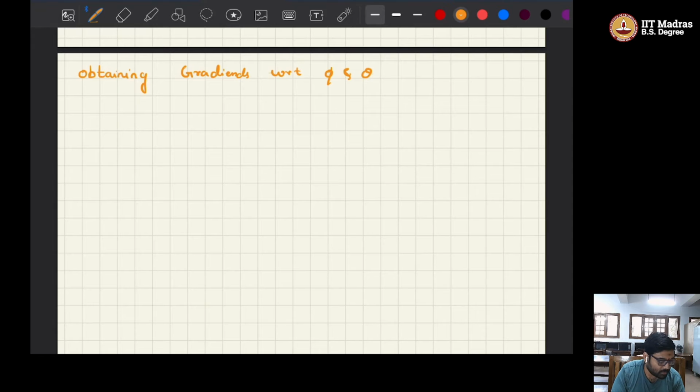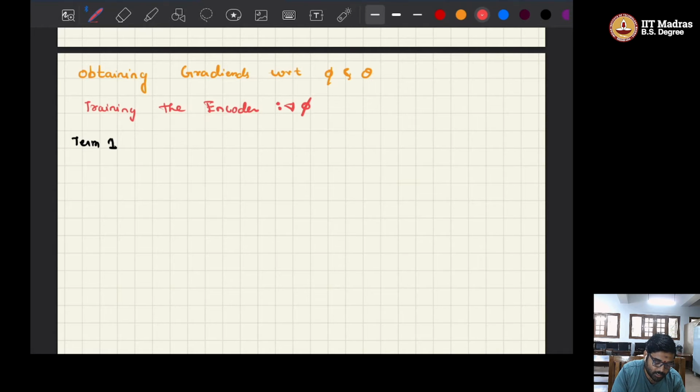Now let's take training the encoder part. In training the encoder, let's take the first term, term 1, that is with respect to phi. So we want the gradient with respect to phi.